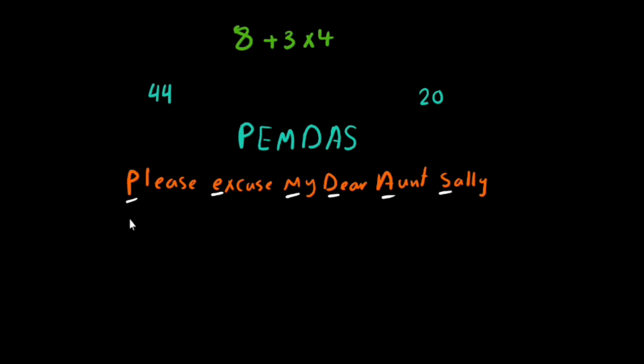P is for parentheses, P A R E N T H E S E S. I must do parentheses first; if I see parentheses, I have to do them first. The second one is E for exponents.